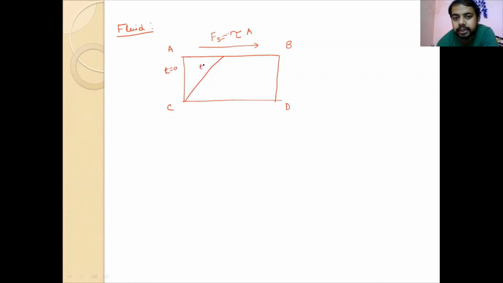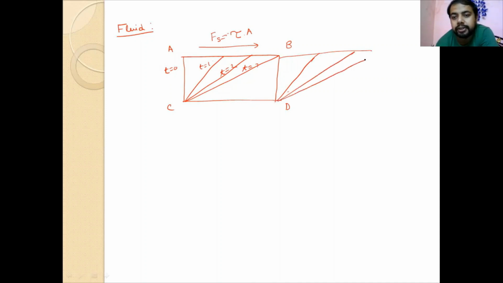At t equal to 1 second, it is like this. At t equal to 2 seconds, like this. At t equal to 3 seconds, it will be like this. Similarly, this also. So a continuous angle change is occurring with time.